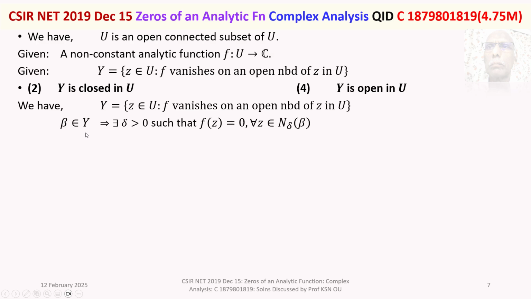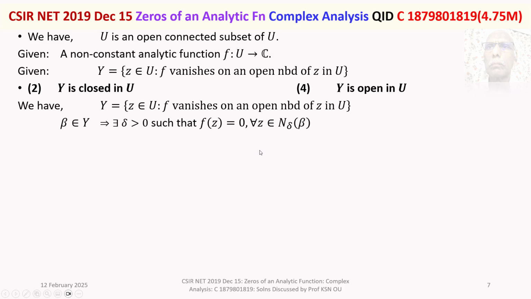Suppose beta belongs to Y. This means there exists a delta neighborhood in which f vanishes at every point.